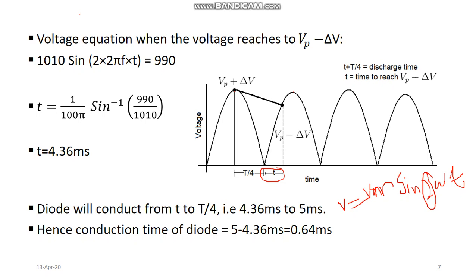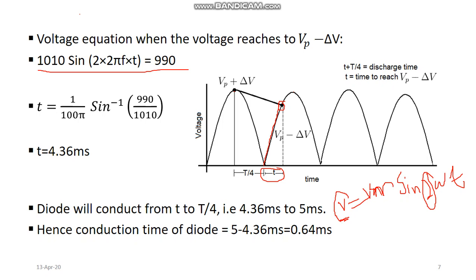hence this 2 will come here. And now the second thing is, I want to calculate the time at which I will be at this point 990. So the time that will be required to reach from this point to this can be calculated using this equation. V is equal to Vm sine of 2 omega t.